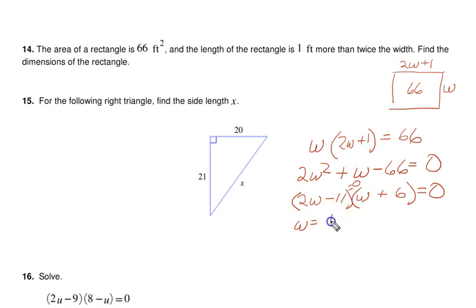Transpose that, becomes 11 halves. And this is a negative 6 that we reject as an extraneous root because you can't have a length that's negative. So our width is, let's see, we can put it in fraction form, decimal fraction, 5.5. And our length, then, is 11. Let's see now.